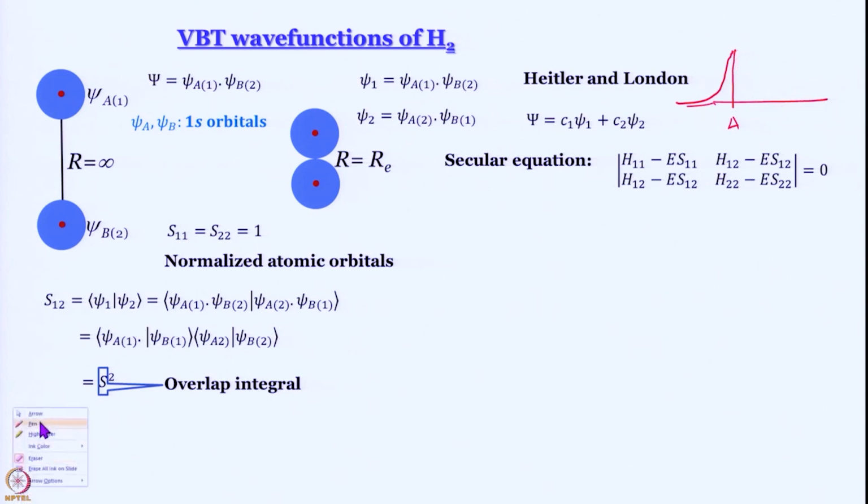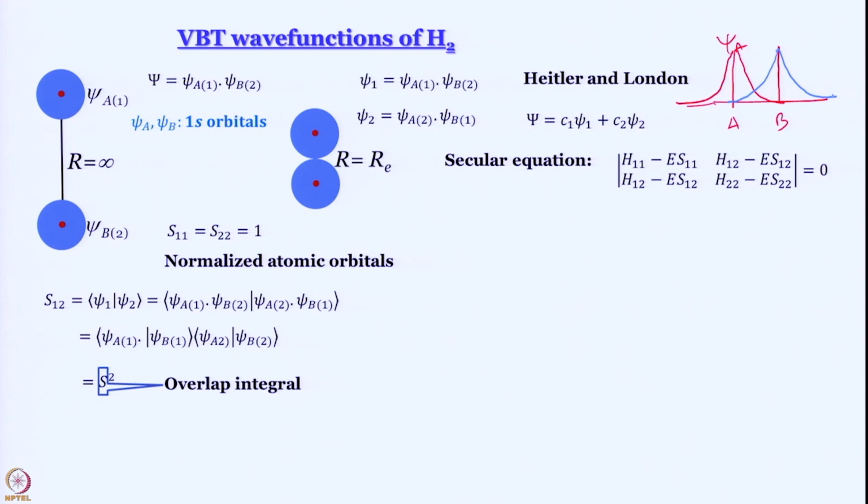This is your psi A, and let us say your nucleus B is here. For that we will use a different color. This is the 1s orbital. The 1s orbital is an exponential decay, remember.